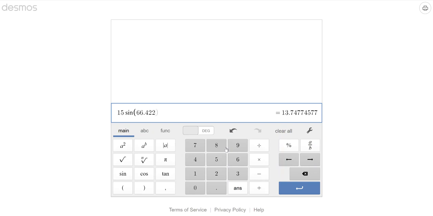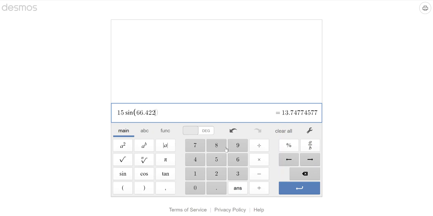By the way, we don't have to do nearest 10th, we could do nearest 100th. Just make sure that when you calculate your angles, you notice I did 66.422. If you are going to be asked to give an answer to the nearest 100th, then make sure you have your angles out to 3 or 4 places. You always want to go farther than the amount you're going to be required.